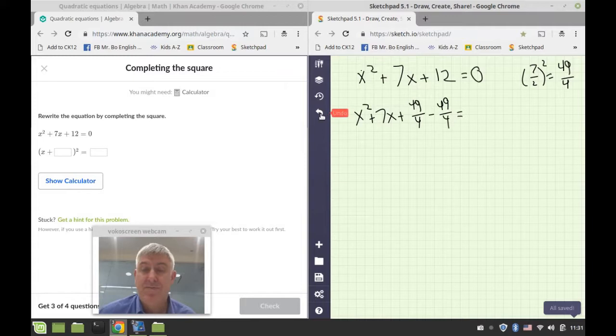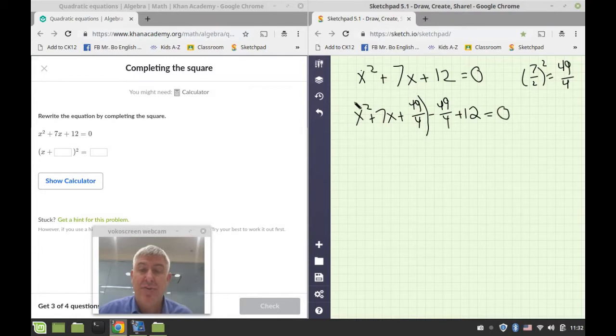We still have that plus 12. So we added this and then subtracted this; plus 49/4 minus 49/4 is altogether 0. So we added 0, we didn't change anything.